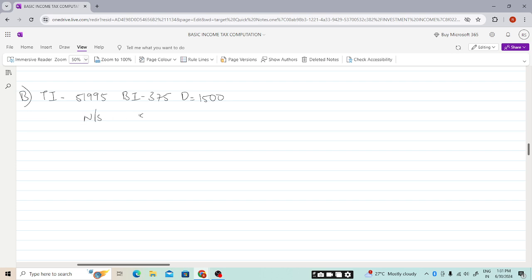Now non-saving income, saving income, dividend income, and total column. Trading income falls under the head of non-saving income, so our total will be 51,995. Bank interest will come under the head of saving income, that is 375. The dividend income is 1,500.